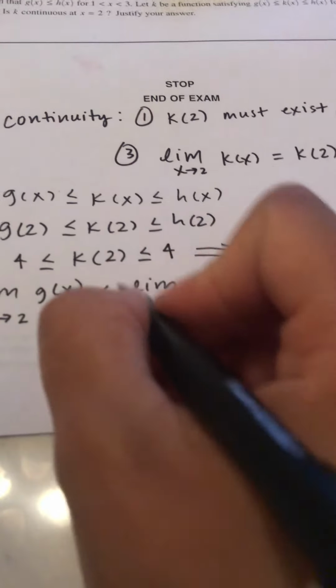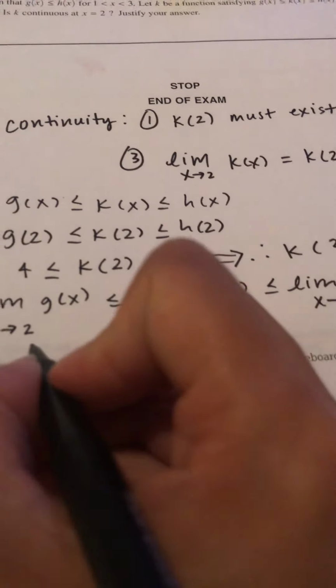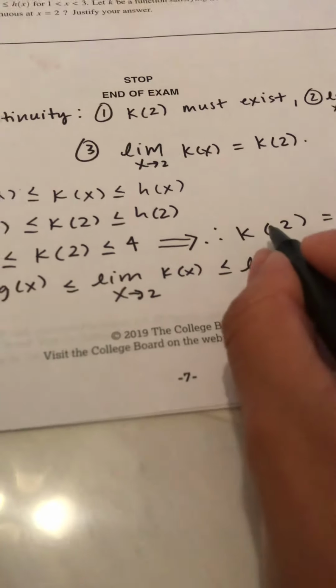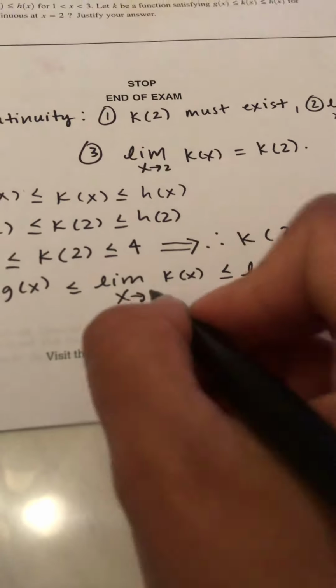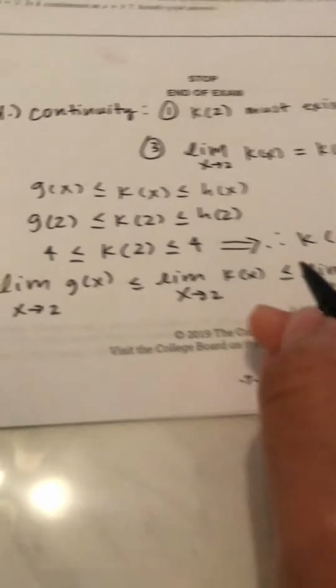And just connecting all of these concepts, we already showed that the value of k of 2 exists and is equal to 4, and the limit is also equal to 4. So I'm just going to write it down.